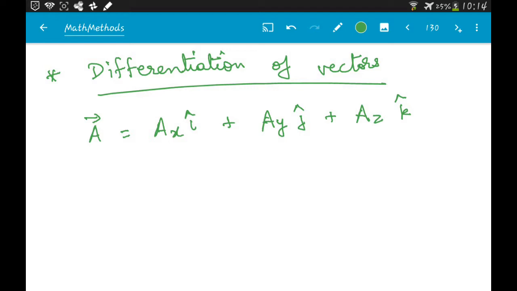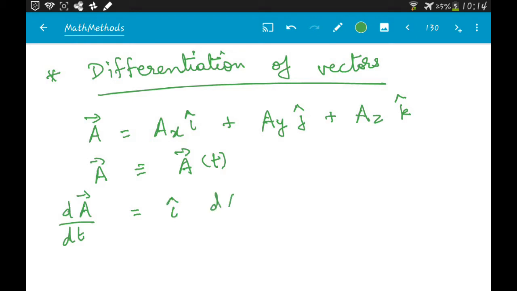Now suppose this vector A is a function of time, right? So AX is a function of time, AY is a function of time, AZ is a function of time, and you want to get dA by dt. So what you will do is, you will differentiate everything individually.